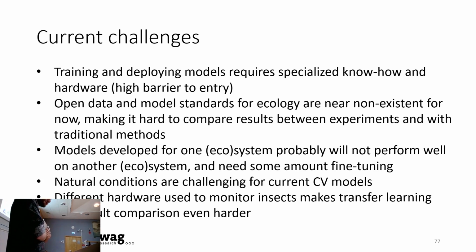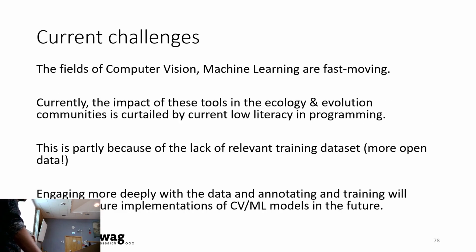And we also saw that models developed for one ecosystem transfer poorly to other ecosystems, even though they superficially look similar. Of course, natural conditions are hard for CV models, and the impact of different hardware used to record and different models on the quality of your data is also not clear.